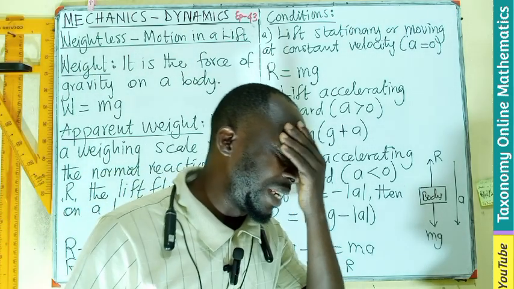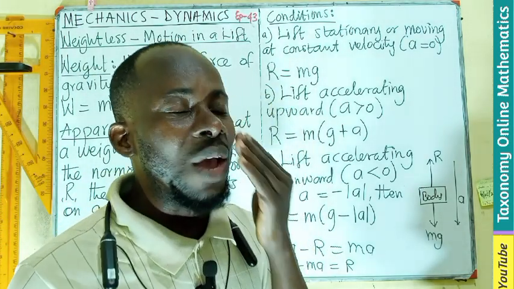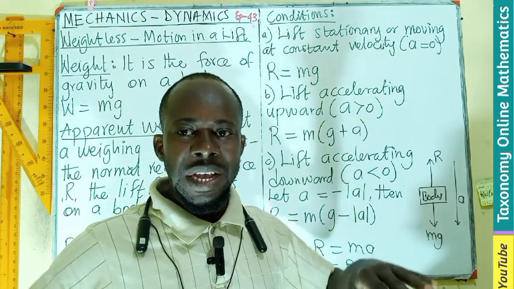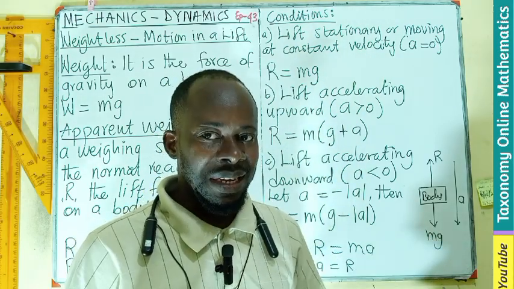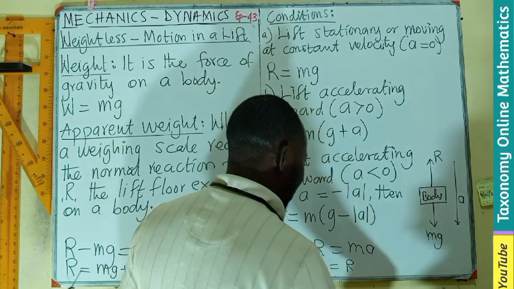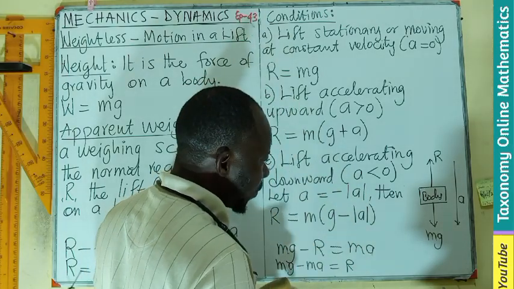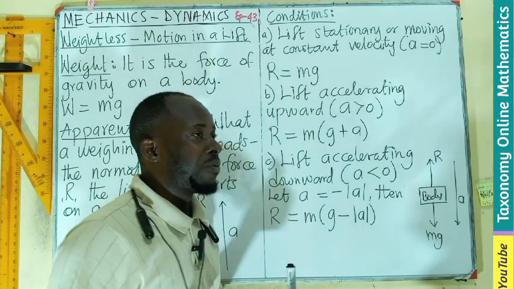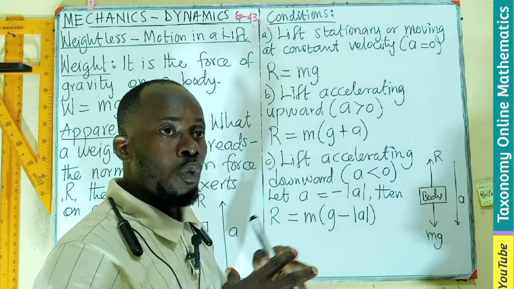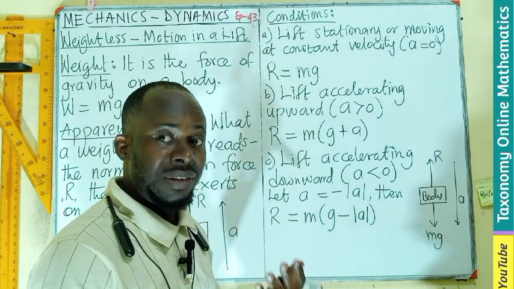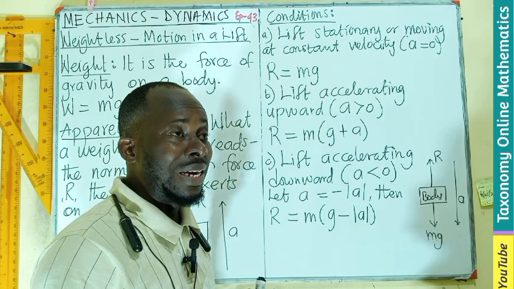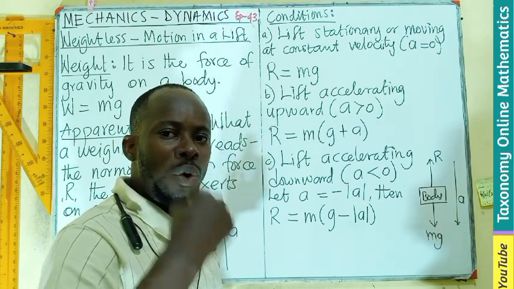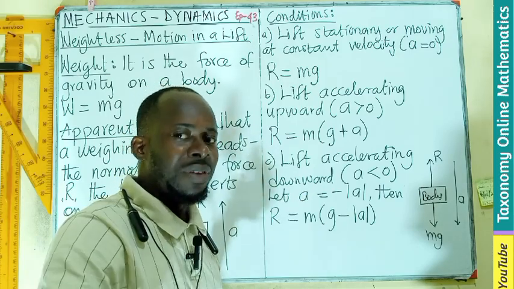Now, in cases whereby we can have weightlessness, that there is no weight of the body experienced, at that moment we can say that if there is no weight that the body is experiencing, we can also look at that as the acceleration due to gravity now equal to the force of gravity.